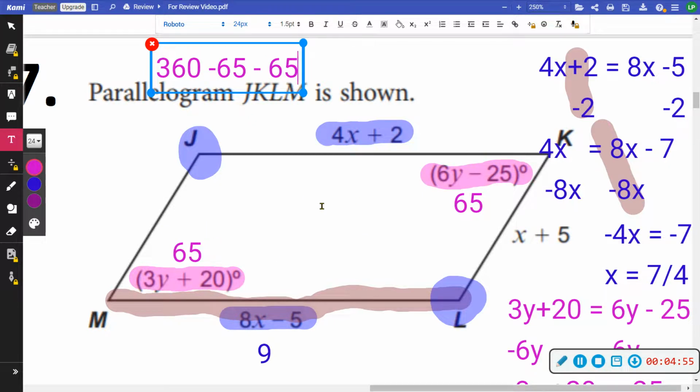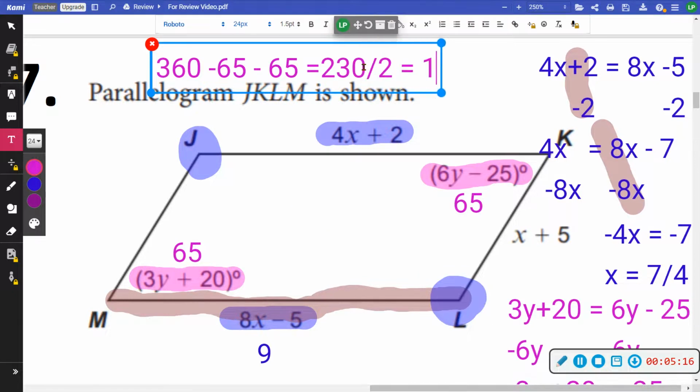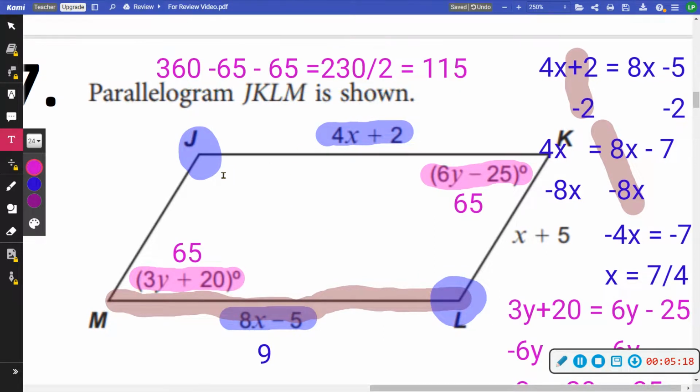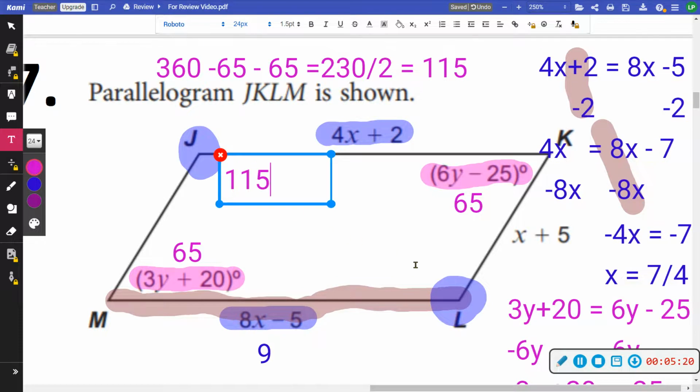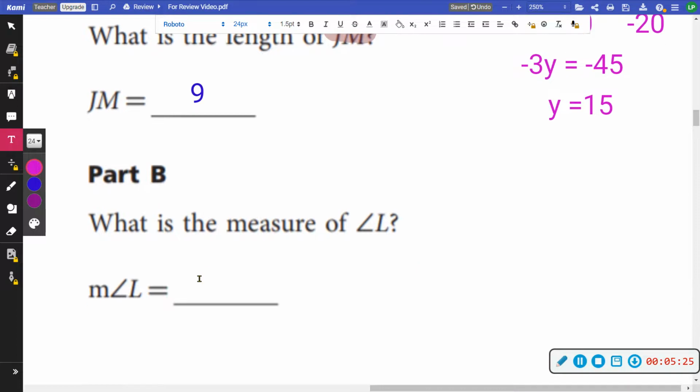See what we get. 360 minus 65 minus 65, that's 230. So these two angles have to add up to 230, but they're also the same. So let's divide by 2. That'd be 115. So we know this is 115, and we know that this is 115. So I could come down here and say, what's the measure of angle L? 115.